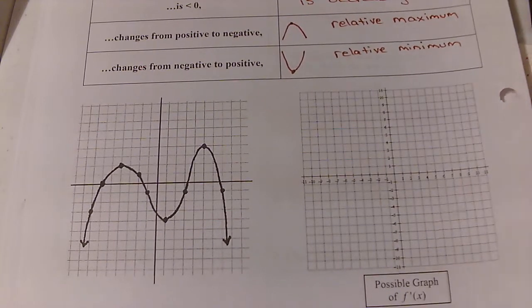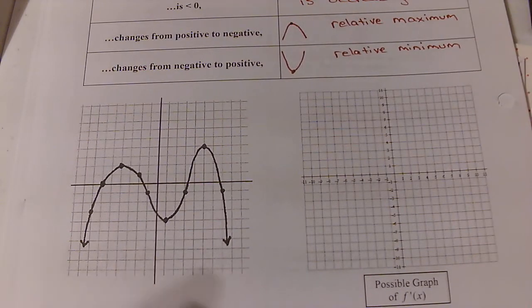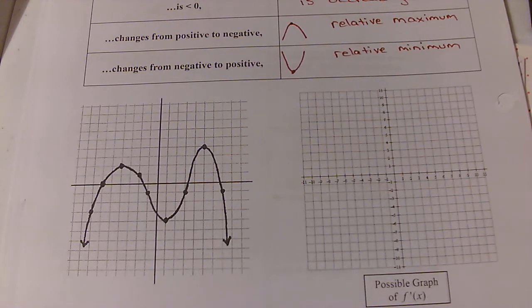So let's say we were given the graph of a function. What would be our possible graph of f prime? Let's break this apart. I'm going to use some bright colors for this.